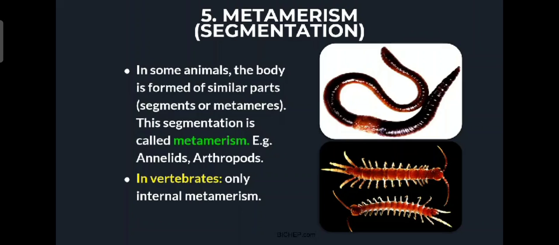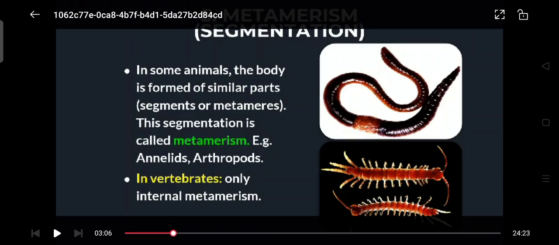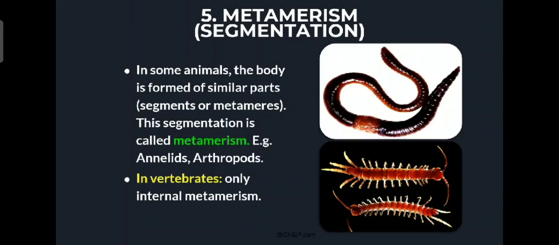So in which animals you will find the segmentation? For example, annelids and arthropods. So here you can see the earthworm in the first diagram. In earthworm you will find the segments. Body is divided, you can see. Or the next diagram, it is the centipede. So here also you can find the body is divided into the segments.